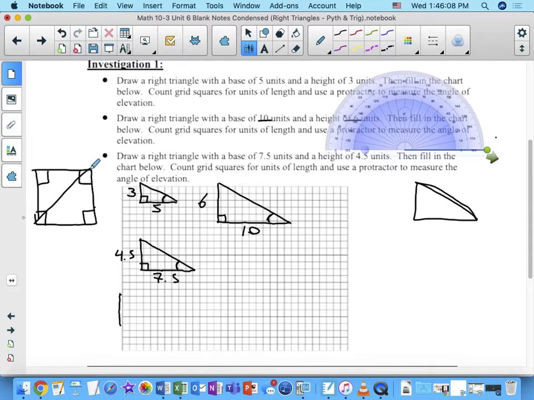So if these are each about 30-ish, and these are each 90, could you figure out what this one would be? The three of them all together have to add up to 180.